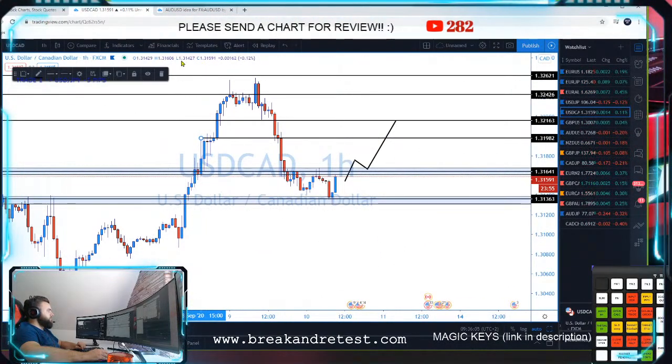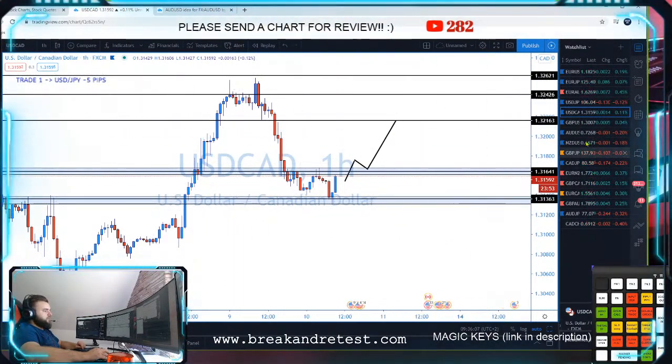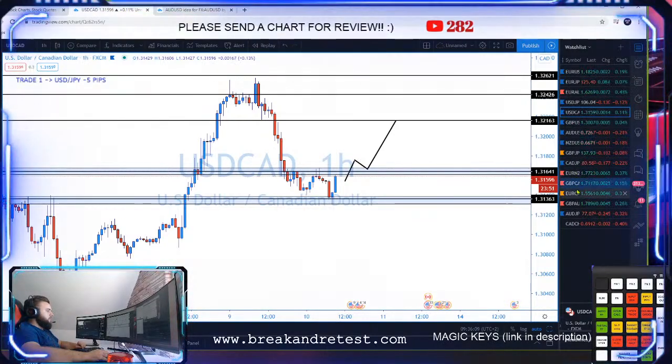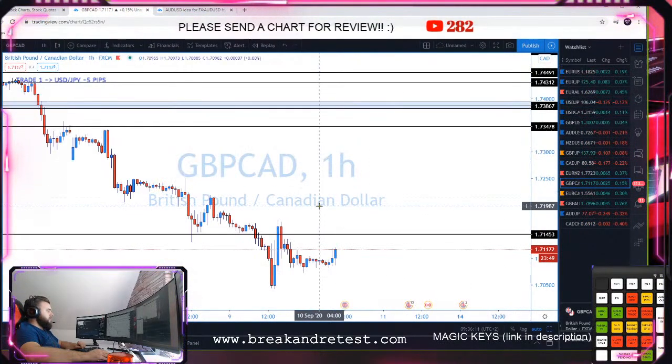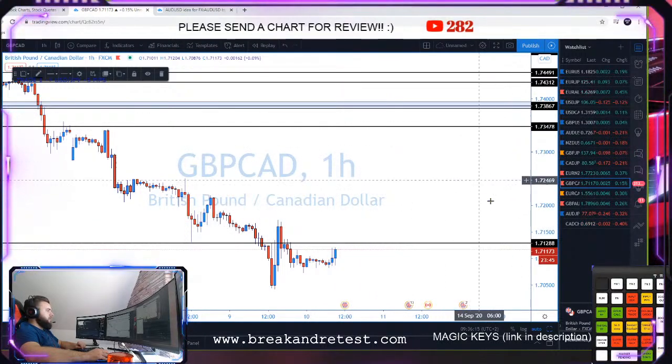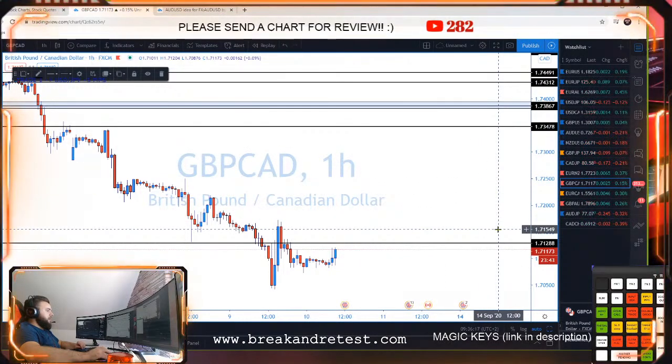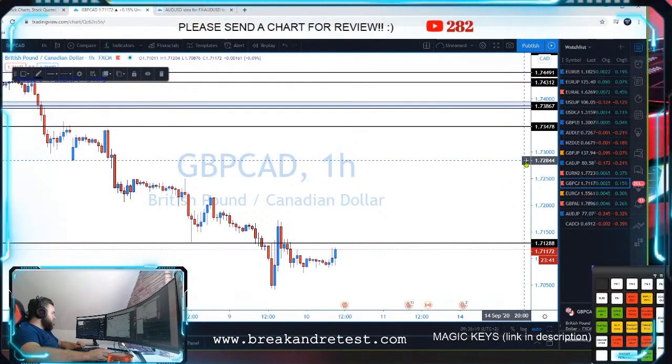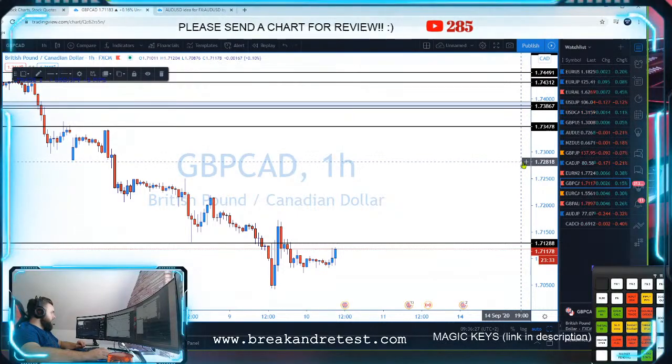Easy. Not too much traffic on the left, but these pairs have too much traffic, like UJ, EJ, EuroCAD. They're not very volatile, but when you have too many zones in between, you can expect fake outs from that pair.